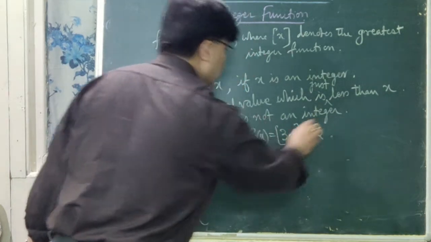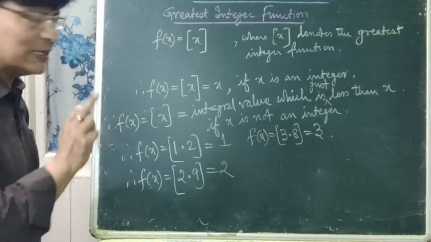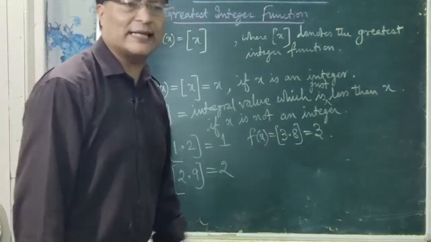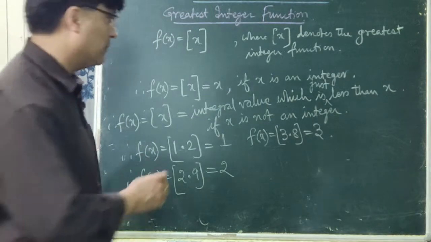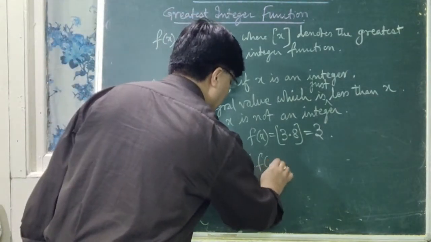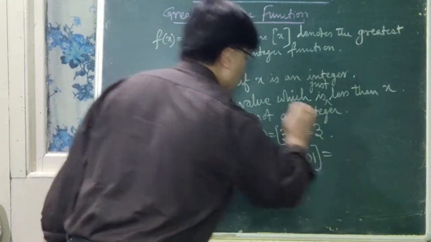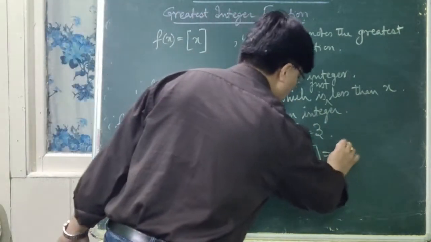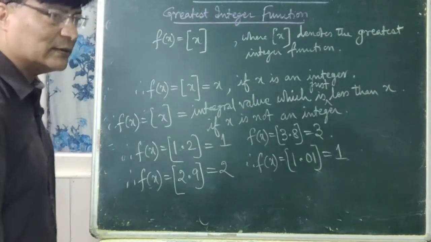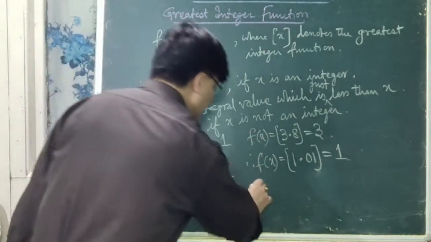What do you write? It is 3, the integral value just less than 3.8. Suppose you have [1.01], what will you write? It is 1. Is that clear to all of you?